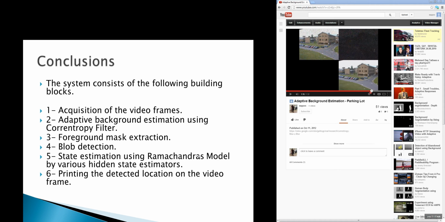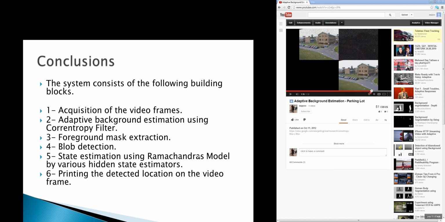We use state estimation using Ramachandra's model by various hidden state estimators. These hidden state estimators include the Kalman filter, the Correntropy filter, and the fixed point Correntropy filter with adaptive kernel size and fixed kernel size, which I have introduced in IJCNN 2012. We then print the detected locations on the video frame and then display the video.